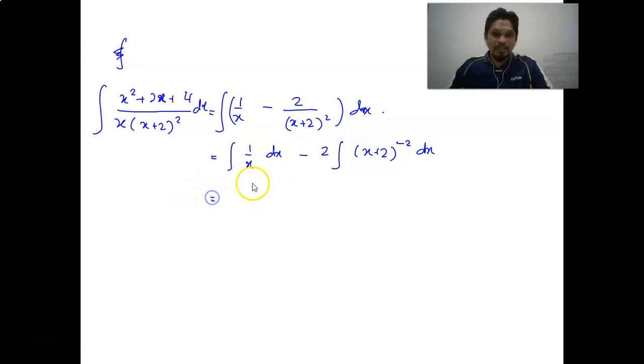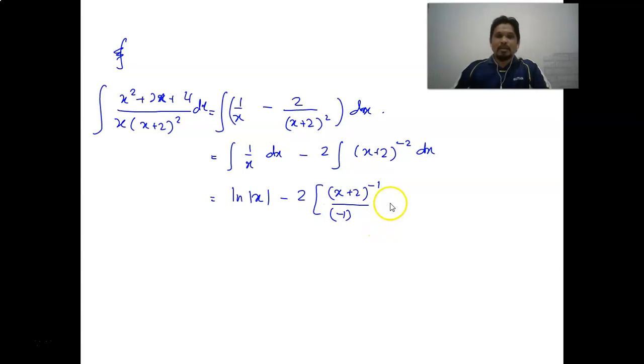Okay, the integral of 1 over x is natural log of x, minus 2 times the integral of (x plus 2) to the power of negative 2, which is (x plus 2) to the power of negative 2 plus 1, negative 1, divided by negative 1.